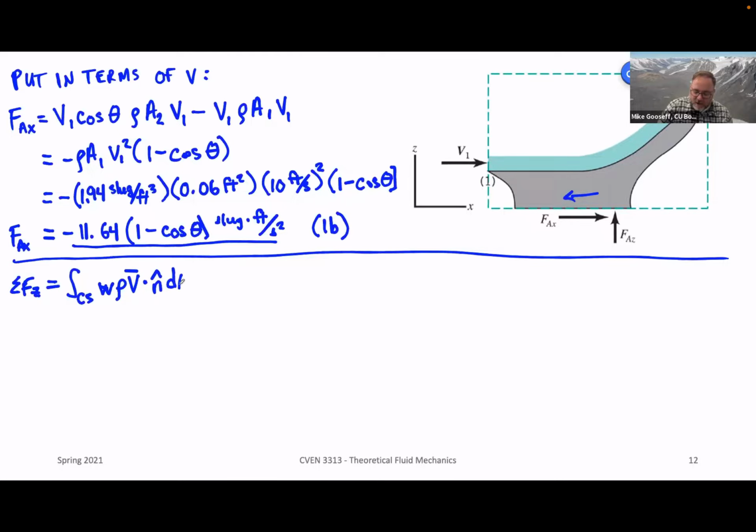So these are basically the net momentum flux across the control surfaces.